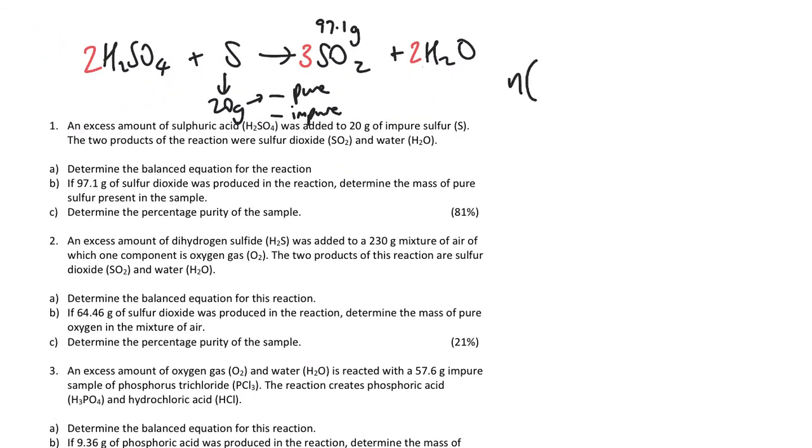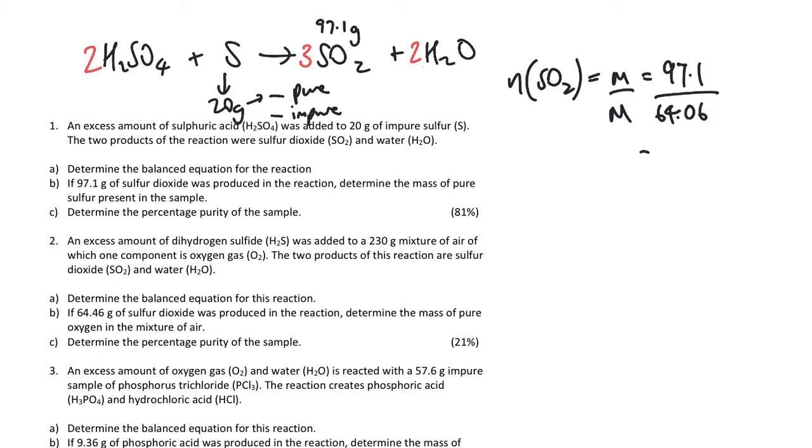The number of moles of SO2 is equal to, what equation shall we use? Little m over big M. What should I put at the top of that fraction? 97.1 over the molar mass of sulfur dioxide, which is 64.06.